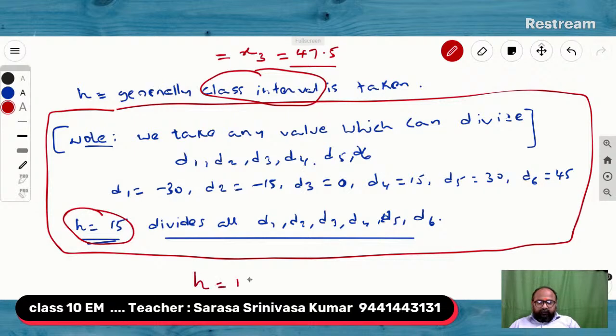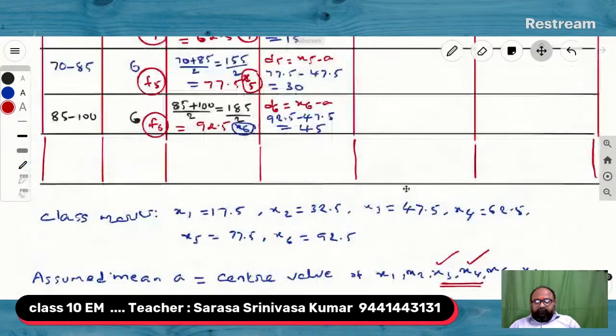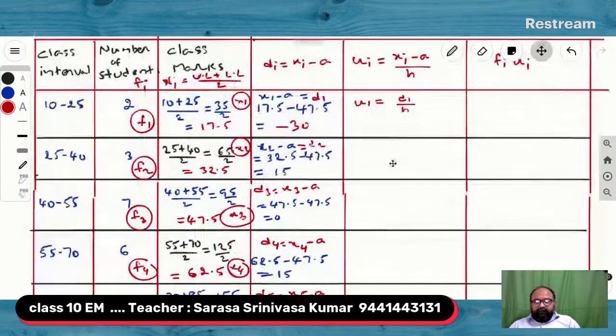Here H equal to 15. H is a number which divides D1, D2, D3, D4, D5, D6, so that it converts these deviations into smaller numbers. So minus 30 by 15 equal to minus 2. This is U1.